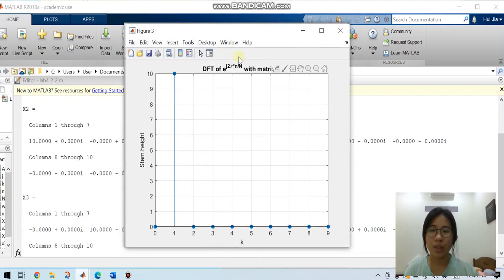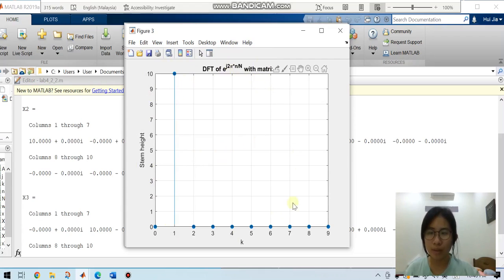For figure 3, the DFT of exponential j2 pi times n over n with the matrix, we will get a figure like this. The minus 1 terms are in the exponential because MATLAB indexing starts at 1, not 0. That's all for me. Thank you.